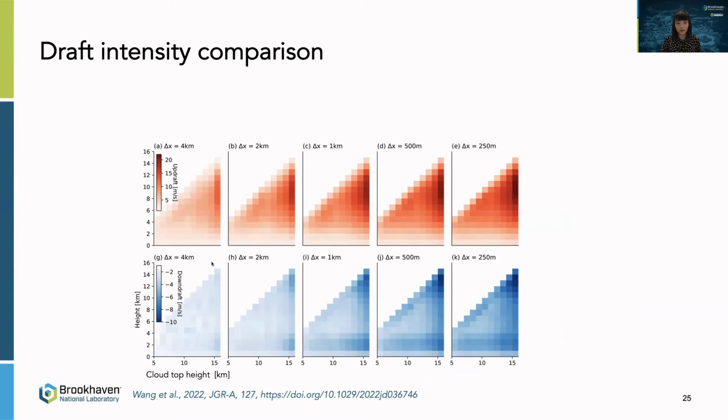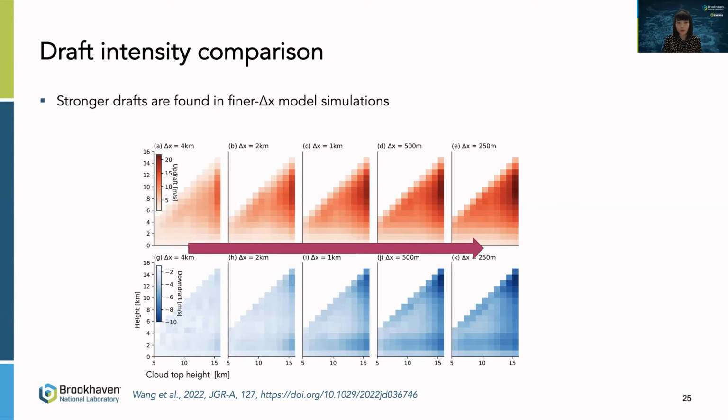Again, when you have a higher cloud top, you are most likely in the convective center or the deeper part of the storm. You tend to see stronger updrafts and downdrafts overall. So it's consistent with observations, and we are happy there. But you may notice we have stronger updrafts and stronger downdrafts when you get to higher resolution.